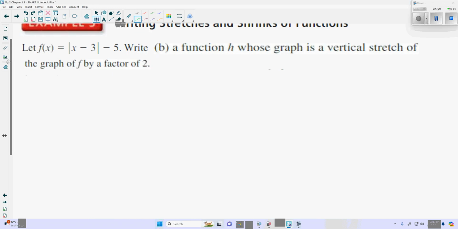So if we look at this first one here, let f of x equal the absolute value of x minus 3, minus 5. And we want to write a function h of x whose graph is a vertical stretch of the graph of f by a factor of 2.